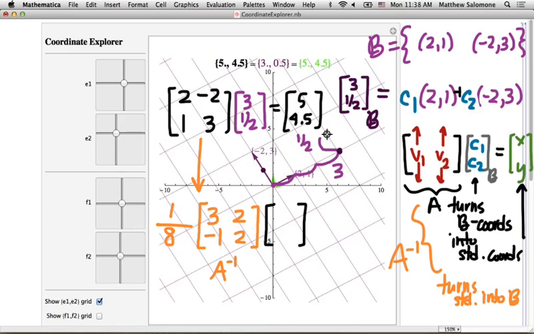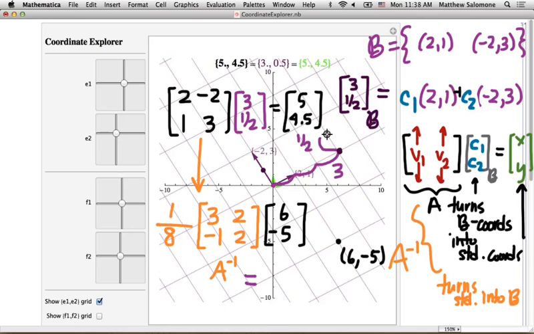So let's say I pick a new point, maybe, I don't know, how about this point right here, which looks on this to be 6, negative 5. So the standard coordinates of this point are 6, negative 5. Let's try to use this inverse matrix to discover the b coordinates of this point.